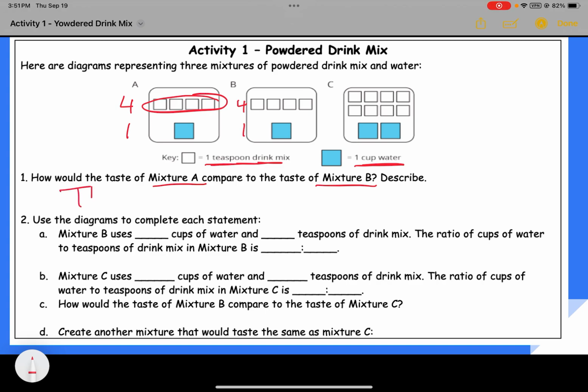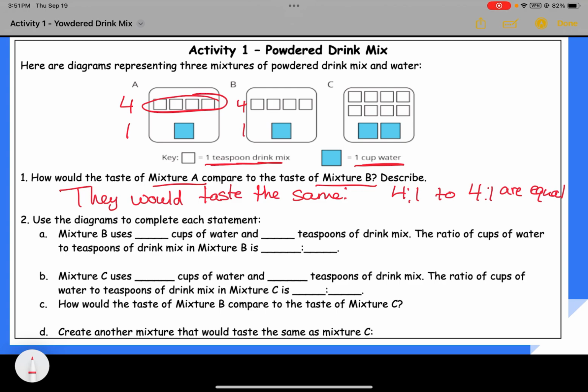So they would taste exactly the same, because 4 to 1 is equivalent to, or equal to, 4 to 1.